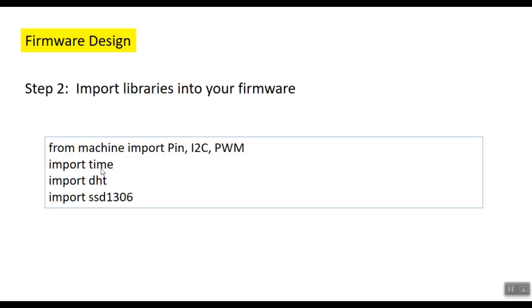Then we need to import time. So time helps us to create some delays in the firmware. And the DHT file, we need to import that because we need to control the DHT11. And of course, we are importing this file ssd1306, which we have saved onto the Raspberry Pi Pico. So I'm going to copy all of this quickly.